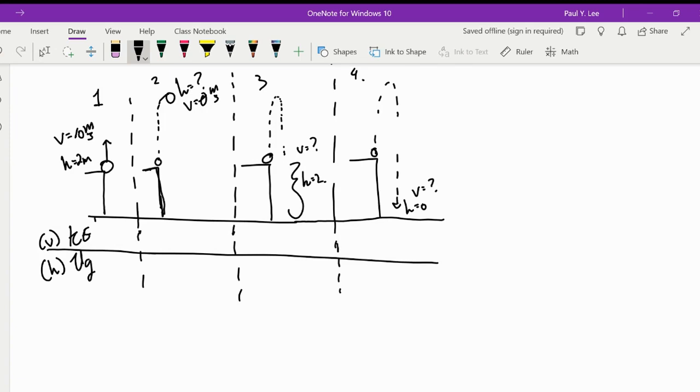So in the beginning, it is moving, and we are above a height. In scenario 2, we are above a height, but we are not moving at the peak. Scenario 3, we are moving downwards, and we are above a height. Scenario 4, we are moving, but we're about to hit the floor, so that is a big fat X. So we have this right there.